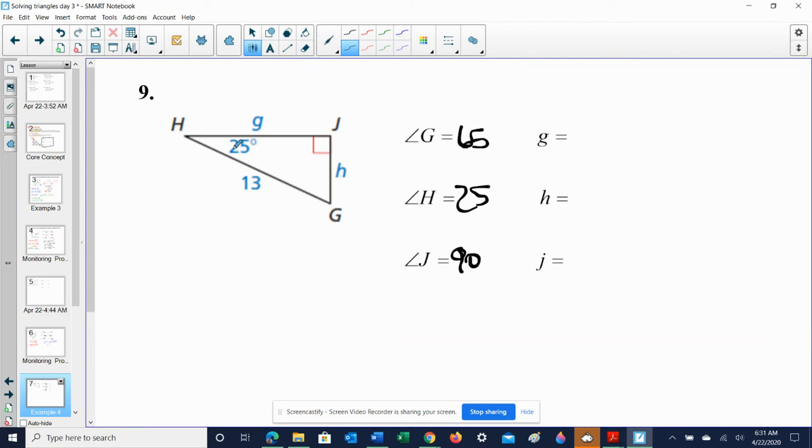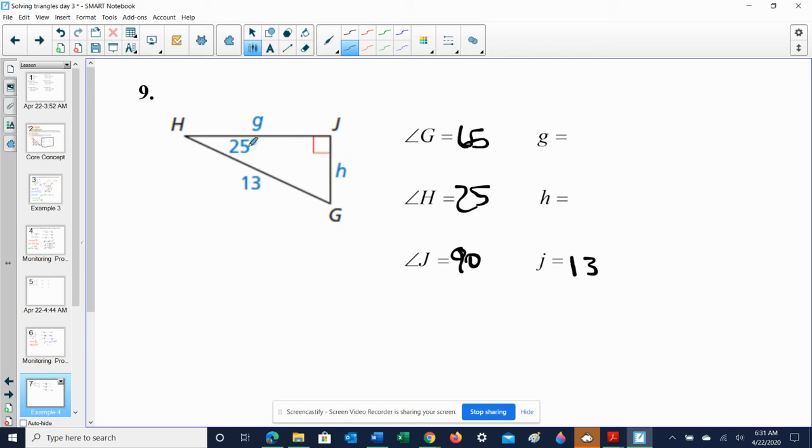We know, what length do we know? We know the hypotenuse, which is opposite J, is 13. So we have to find H and G. We need one of our trig functions to find H or G, doesn't matter which, and then we can use the Pythagorean theorem to find the other side.